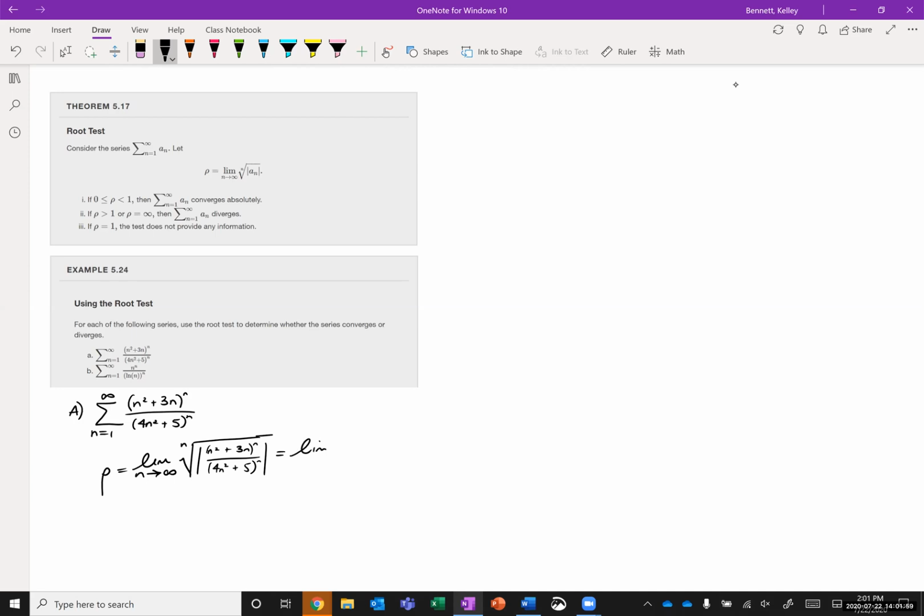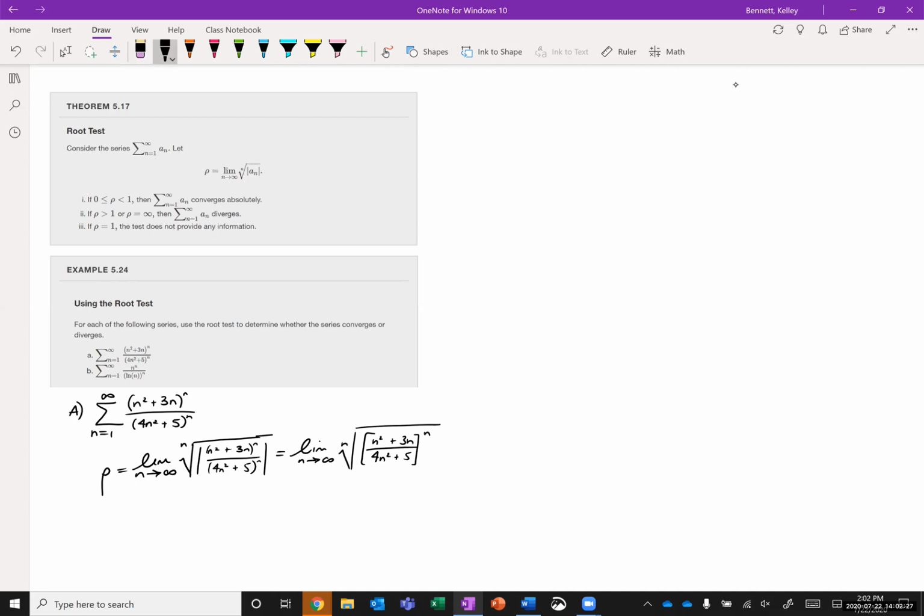So I get the limit as n goes to infinity of the nth root of (n²+3n) over (4n²+5), and I can combine this because they're both being raised to the nth power, like this. Oops, excuse me, that should be n.